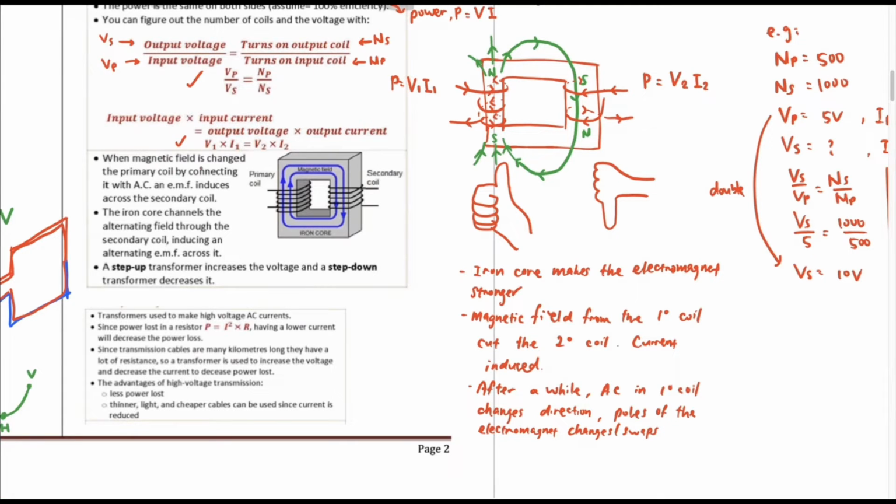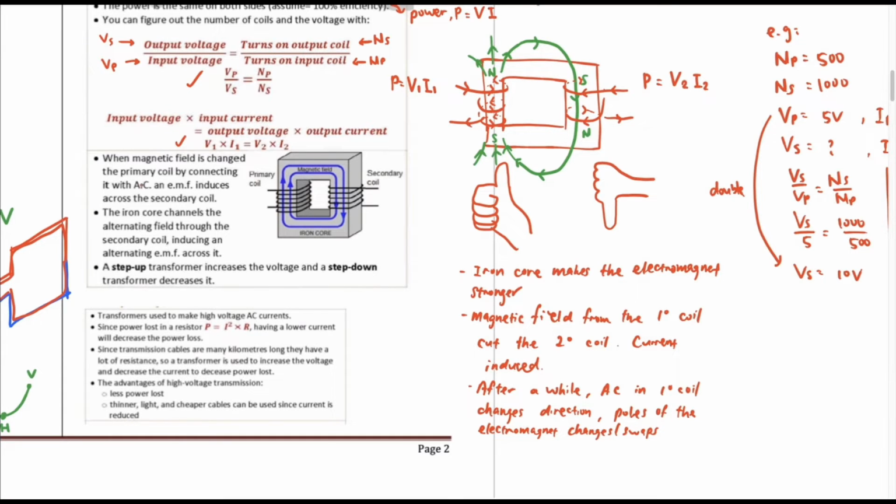So when the magnetic field is changed, the primary coil is connected with alternating current. They are trying to say that if you want to change the magnetic field, you have to connect it with alternating current, not direct current. Direct current won't have a change in magnetic field because direct current always flows in one direction only. Alternating current keeps changing the direction of flow of the current.